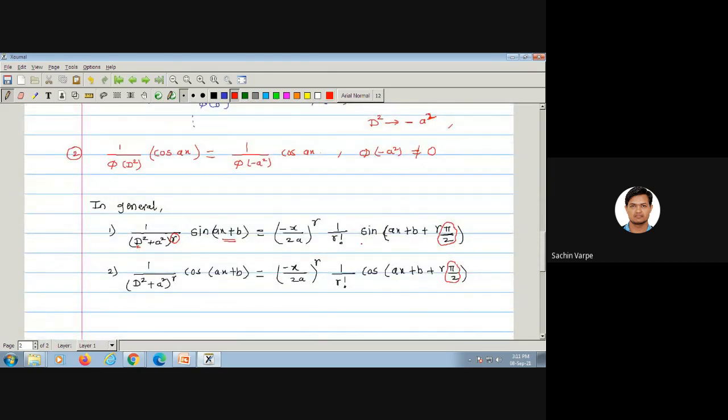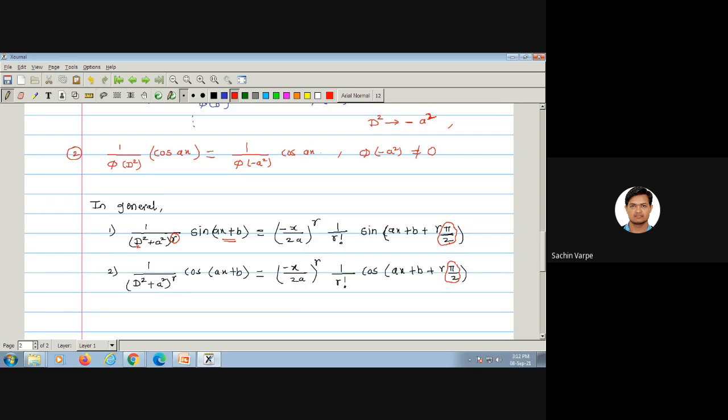So for r equal to 1, it is 1 times pi by 2. For r equal to 2, that will be 2 times pi by 2, that is simply pi. So sine of pi plus theta will be minus sine theta, isn't it? And the same thing we can do for cos. That is why for the generalized case we have used pi by 2 in terms of the angle.